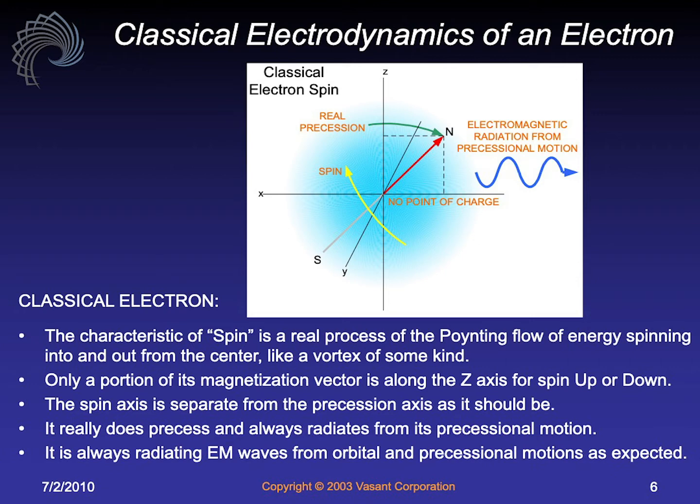And that motion causes radiation of electromagnetic waves, and in the process of precessing it can also be absorbing electromagnetic waves from other similar particles.